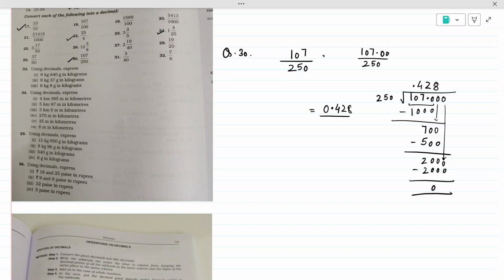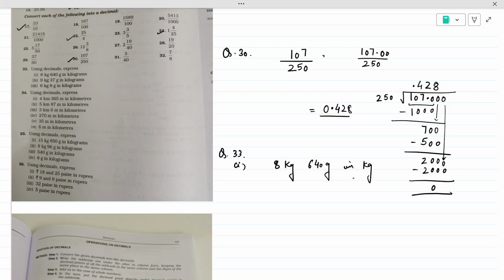Next, we have to express these numbers in the form of kgs and the different units given to us. So let me pick question number 33, first part, where we have to use decimals to express 8 kg and 640 grams in kilograms.